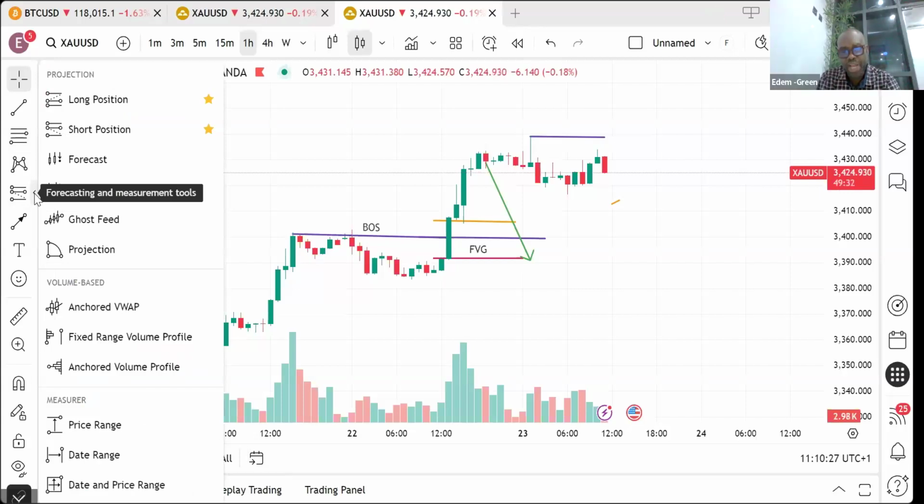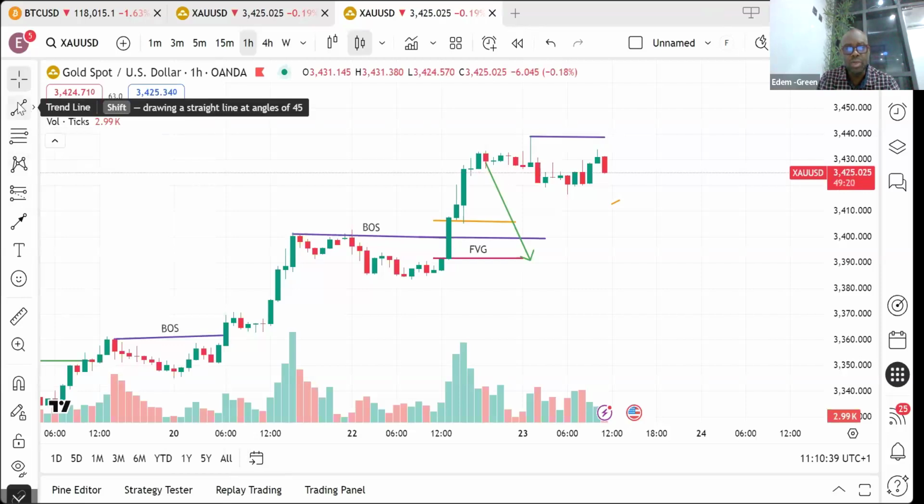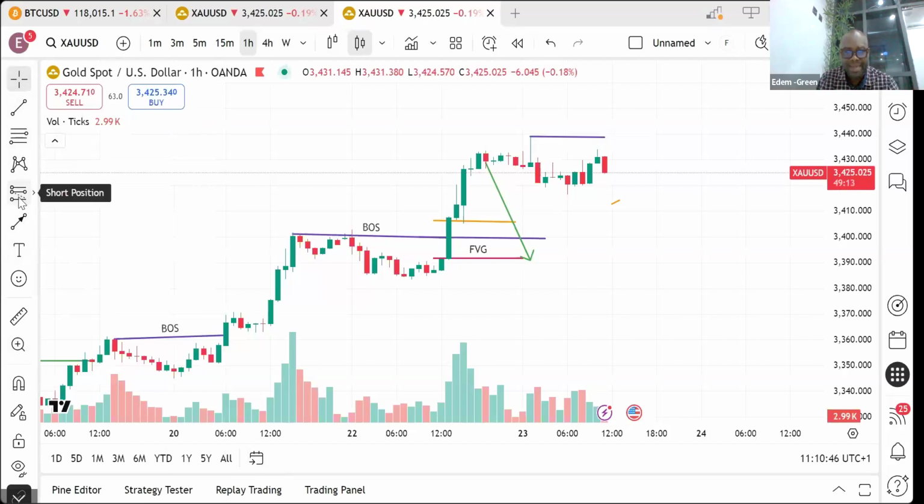So if you're on your TradingView, we encourage people to use their TradingView and do justice to this. Because you want to take a buy trade, please look at where I come to click. This panel is a guide that you use in navigating your TradingView.